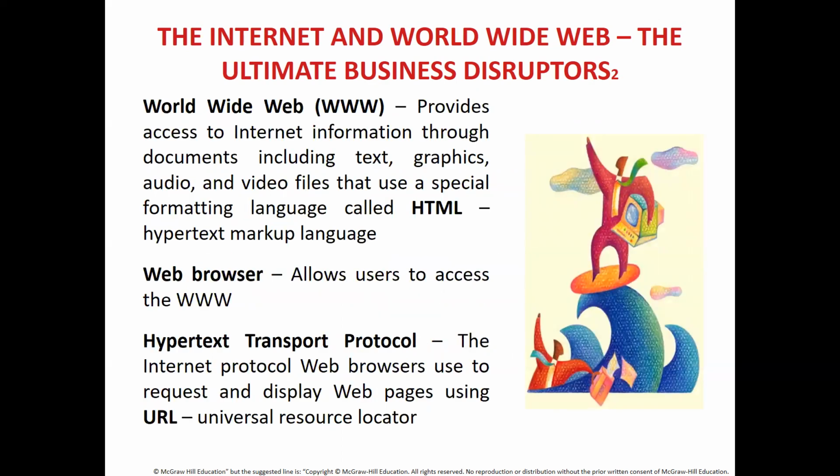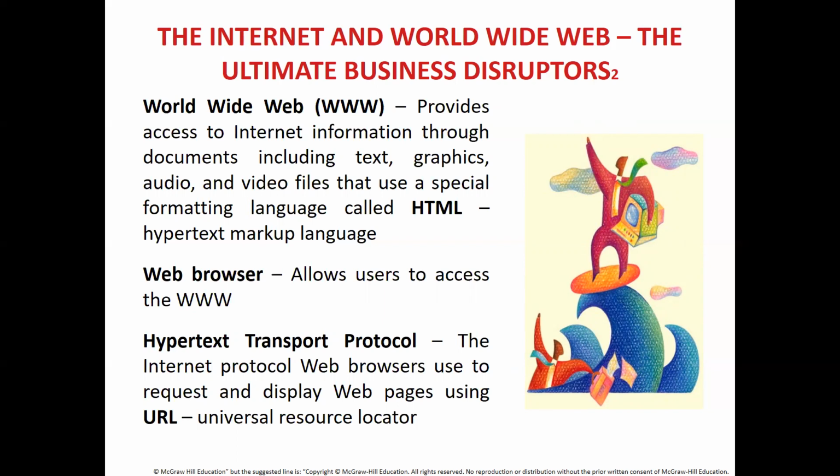World Wide Web, or WWW, provides access to internet information through documents including text, graphics, audio, and video files that use a special formatting language called HTML, Hypertext Markup Language. Web browsers allow users to access the World Wide Web.